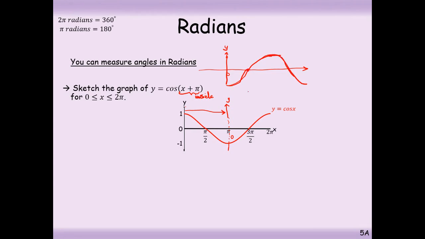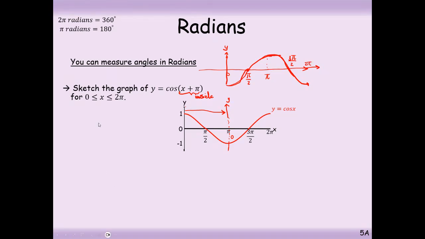So what was at 3 pi over 2 is really pi over 2 now, this would be pi, this would be 3 pi over 2, and this point here would be 2 pi, and so on.